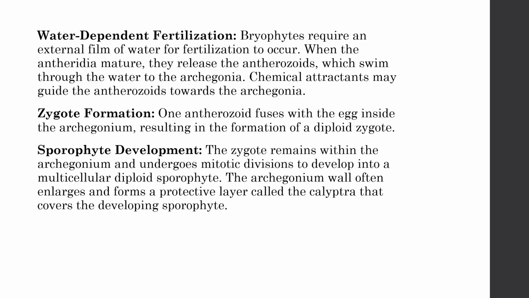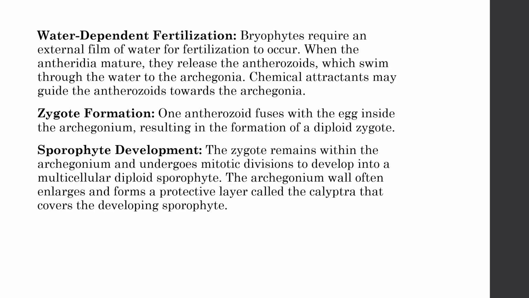After this attraction of the male gametophyte towards the female, the next step is the formation of the zygote. One antherozoid fuses with the egg inside the archegonium and they form a diploid zygote.